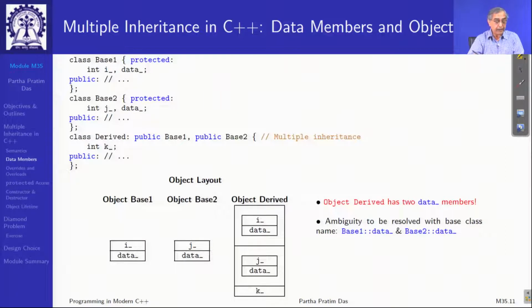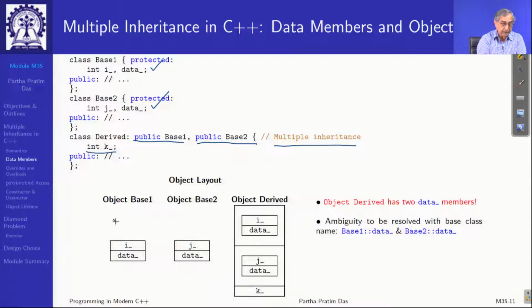So, here is an example. I have a base class Base1 which has two int data members, i_ and data_. Base2 is another base class which has two data members, j_ and data_, and the derived class derives from both of them using multiple inheritance and adds its own member.